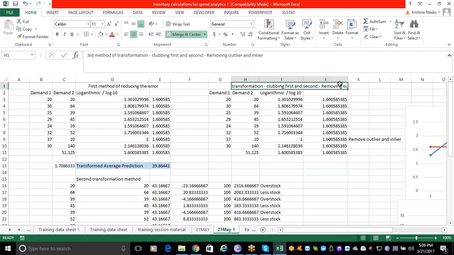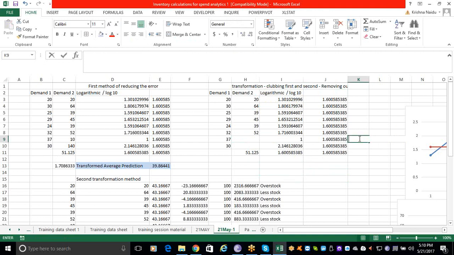So I'm going to club the first method and second method together. In the second method, what we did is we removed the outliers and the inliers. So I'm going to do the same thing on the data here. I'm going to remove the outlier and the inlier. So 140 is the outlier. We already know that. And 10 is the inlier. We have removed it. Now we'll do the same thing here also.